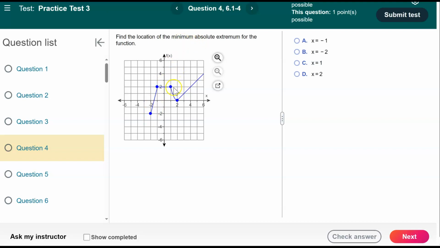So if you look at the function here, the lowest value, smallest value will be this point here. That point is the absolute minimum of the function, and it is located at x equals -2. So when you're asked for the location, you give the x coordinate of the point. So the answer is x equals -2.